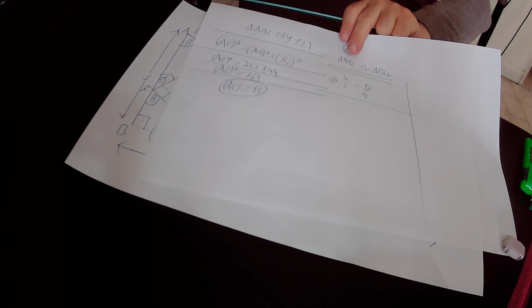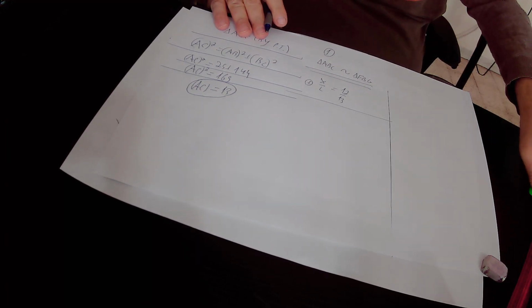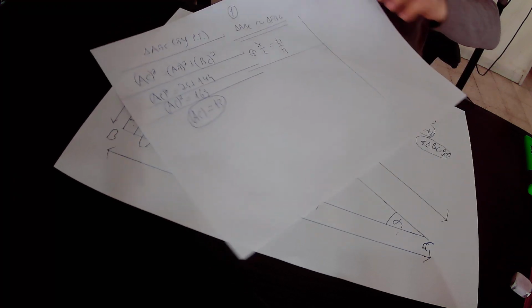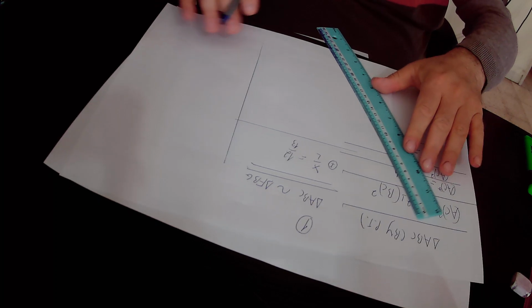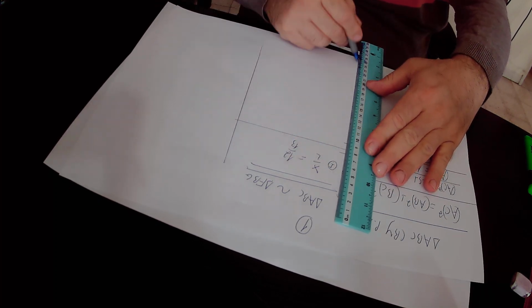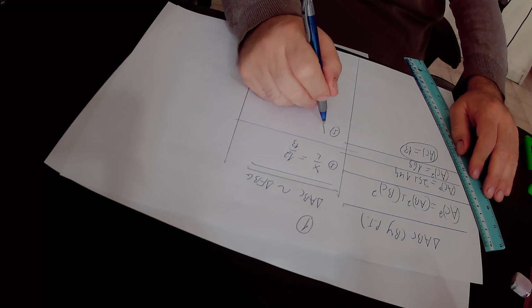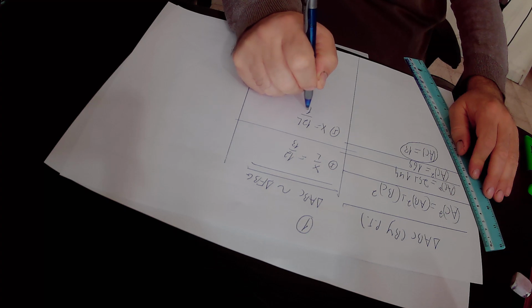Here we multiply equation 1 by L, and we get that X equals 12L over 13.